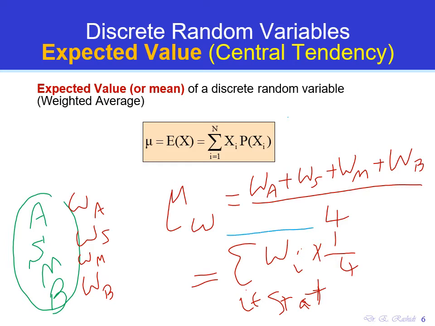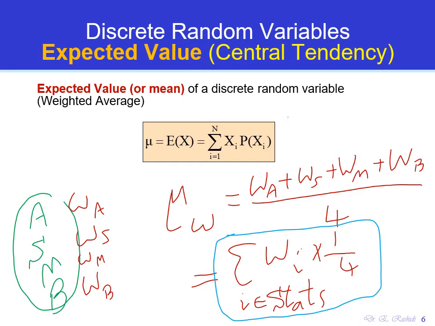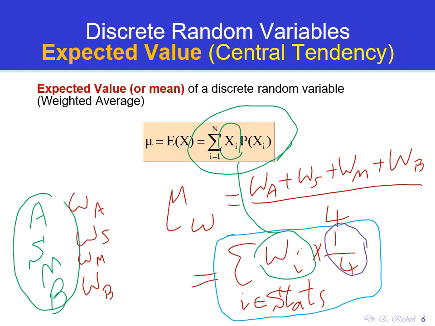So if you look at this formula, it's kind of a little bit similar, except here we have the weight of each student. If you consider weight as a random variable, here we have the value of the x random variable. Here we multiply by 1/4 because the probability of each student is equal.